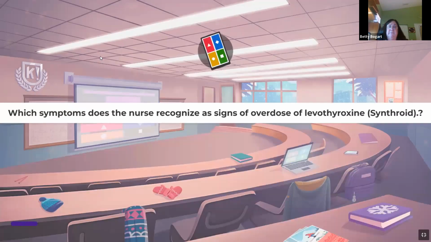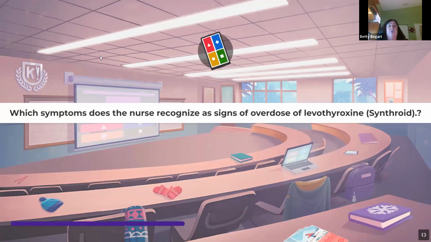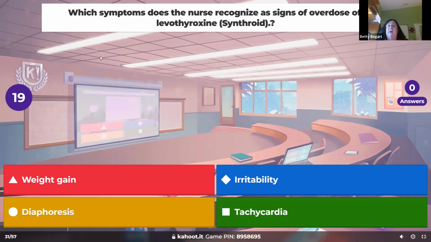A multi. Which symptom does the nurse recognize as a sign of overdose of levothyroxine, Synthroid? This is a hormone used for the thyroid, so overdose is too much thyroid hormone. What do you see if you have too much thyroid hormone?